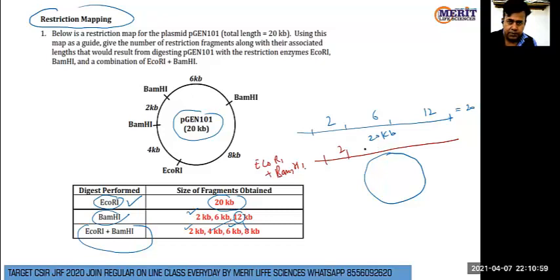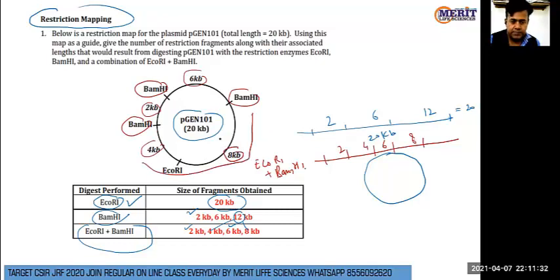So 2 and then 4 you are getting, and then 6 you are getting, and then 8 you are getting. Alright, so what will be the gene order? Based on the BamH1, you can create BamH1, this is 2 kb, 6 kb, and then combining 4 and 8, this will be the 12 kb.